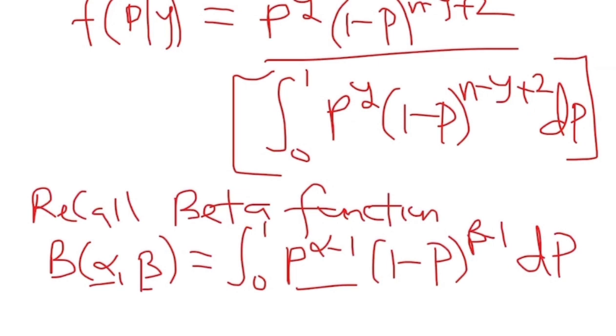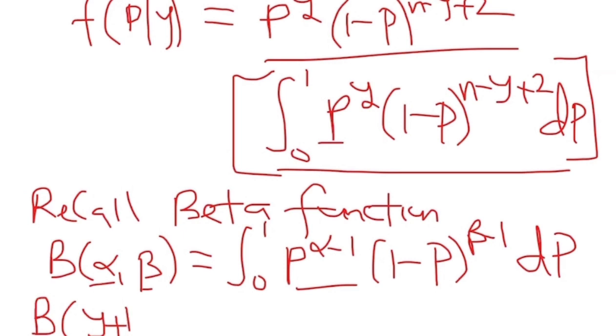Now, take a look at this. We want to write that using the integral definition of a beta function. Here p is carrying y, so it's going to be y plus 1. And here (1 minus p) is carrying n minus y plus 2, so you add 1, and the exponent is going to be n minus y plus 3. So what am I telling the world?